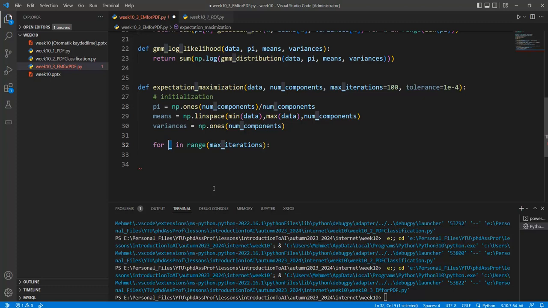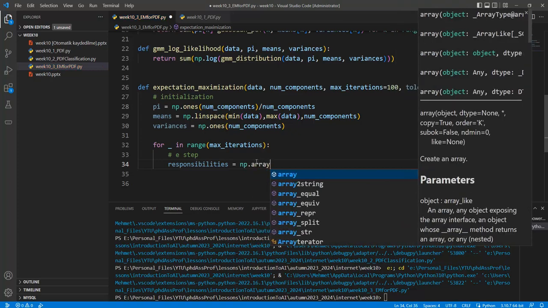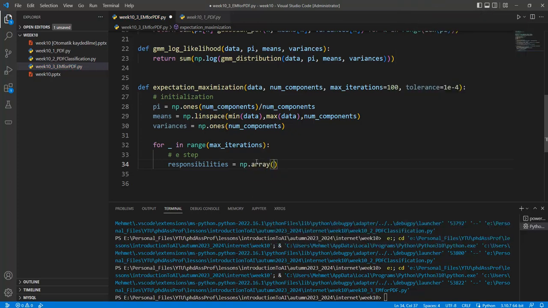For example, if I choose for i, I can use the i, but I cannot use these terms. Okay? The index in this case is not important. And so, we should calculate firstly the E step, expectation step, responsibilities, right?